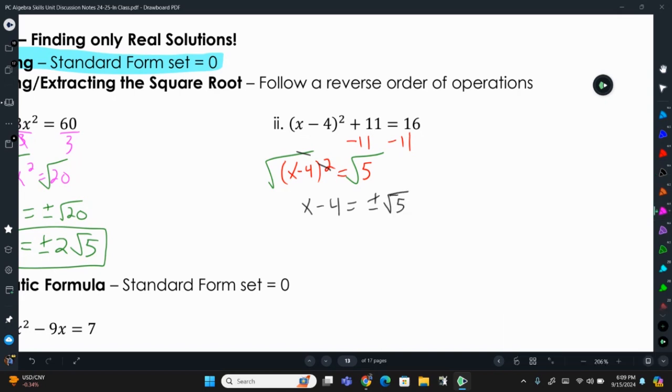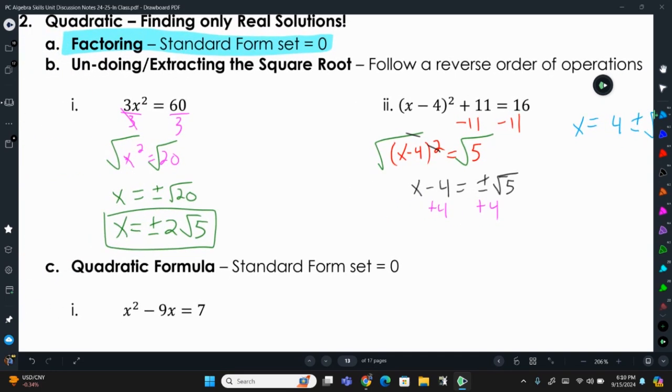Well, x is not by itself yet, so we'll add 4 to both sides. So then our final solution would be x equals 4 plus or minus the square root of 5. That's our exact answer. We don't need to type it into the calculator because we're not asked to give a decimal approximation. So undoing the square root isn't too bad.